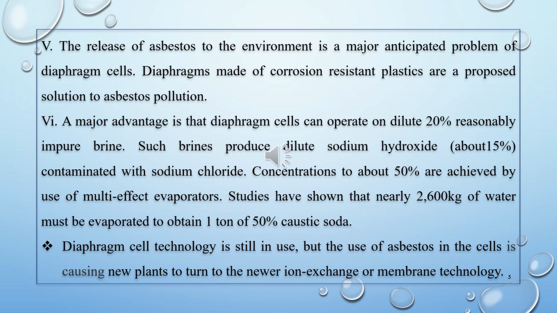Diaphragm cell technology is still in use, but the use of asbestos in this cell is causing new plants to turn to the newer ion exchange or membrane technology. Dear students, in this we have discussed 3 points. First point is that asbestos produces asbestos pollution, and you can overcome this asbestos pollution by using corrosion resistant plastics diaphragms.